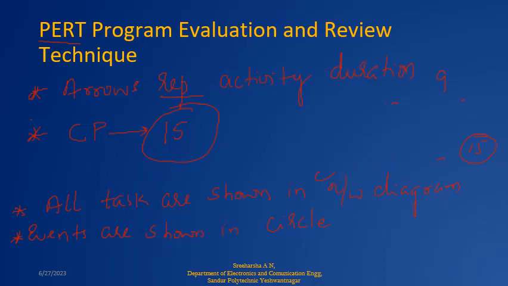The next point, what we are writing is the same thing. Critical path is the longest time consuming path in network diagram.